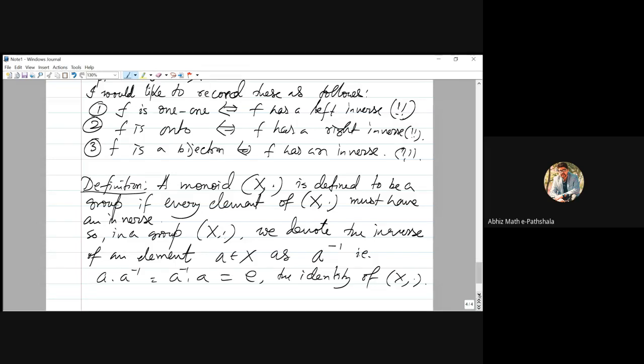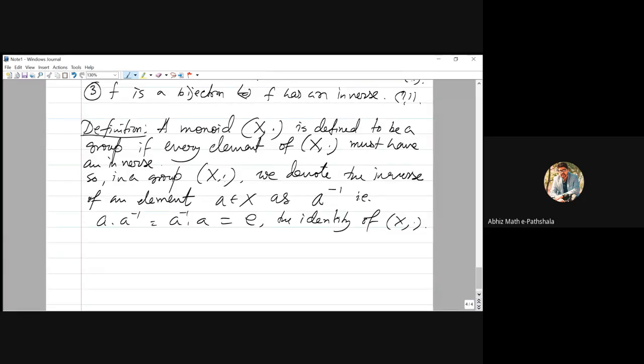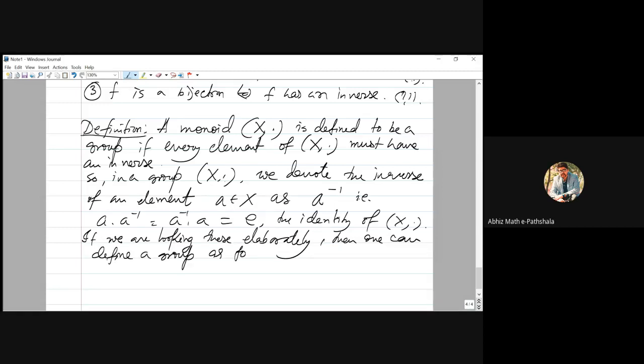Okay, so if we are looking at these elaborately, then one can define a group as follows.